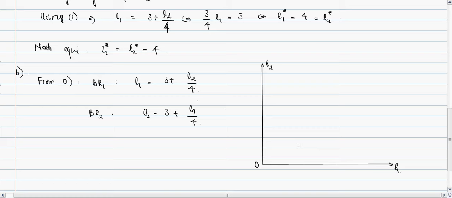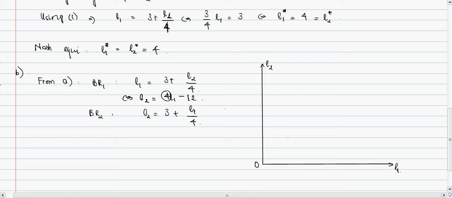Basically I know it is a straight line. If I rearrange it, L2 will be equal to 4L1 minus 12. By looking at this, I know I will have a straight line with the slope equal to 4, positive, so it is upward sloping.